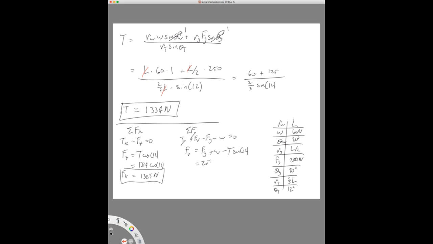So that's 250 plus 60 minus 1334 sine of 12. Okay, so I get about 33 newtons.